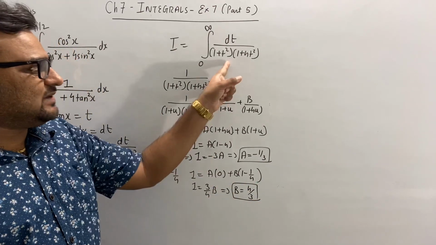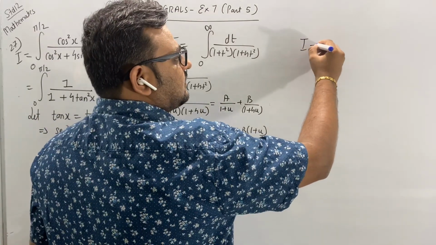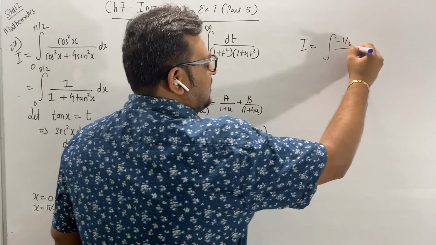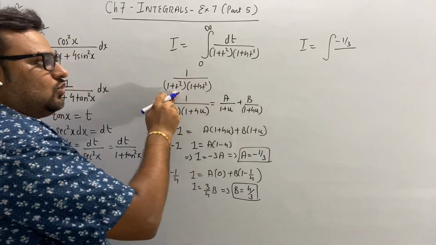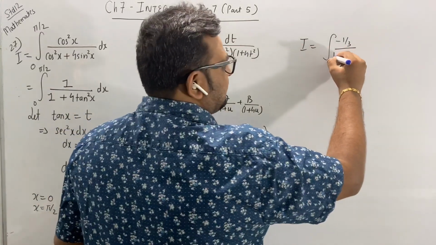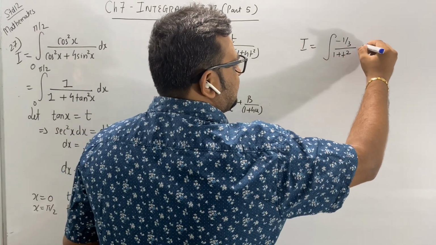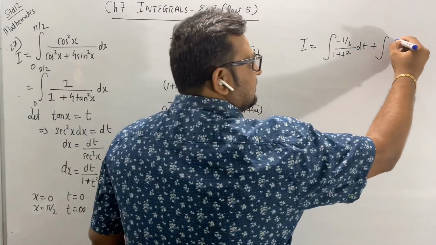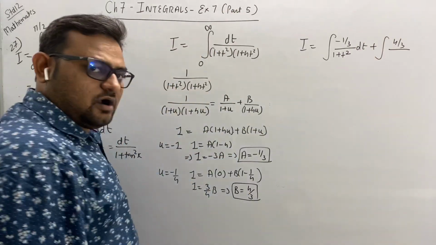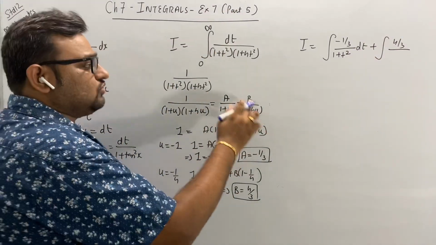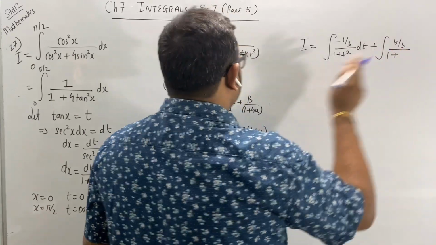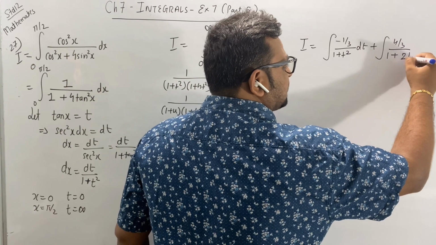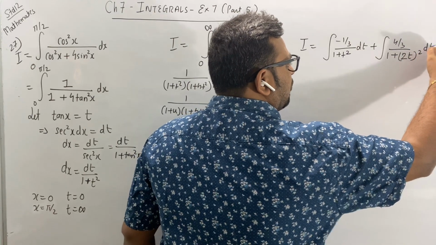Right? So now I can split this in this way. a means minus 1 by 3 upon 1 plus u, that is 1 plus t square, plus b, 4 by 3, upon 1 plus 4u, so 1 plus 4t square, and I can write this as 1 plus (2t) whole square dt.